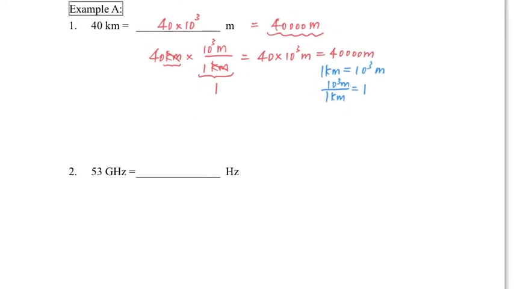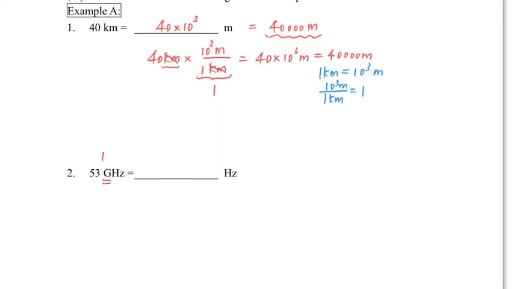Similarly, for this one, G stands for 10 to the power of 9, and therefore you may easily convert the unit like this, which is quite simple. And if you would like to use the method that I introduced in part A, you can do it like this. We would like to eliminate gigahertz and times, we would like to convert it into hertz.